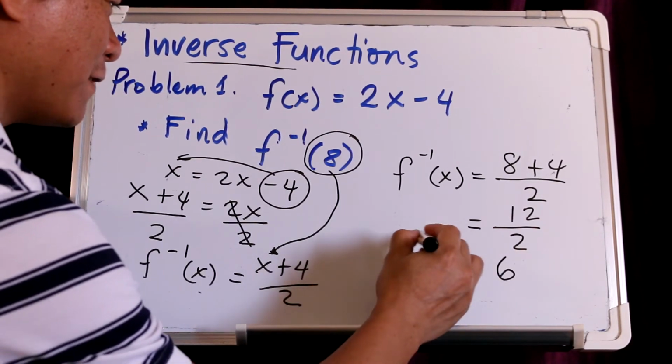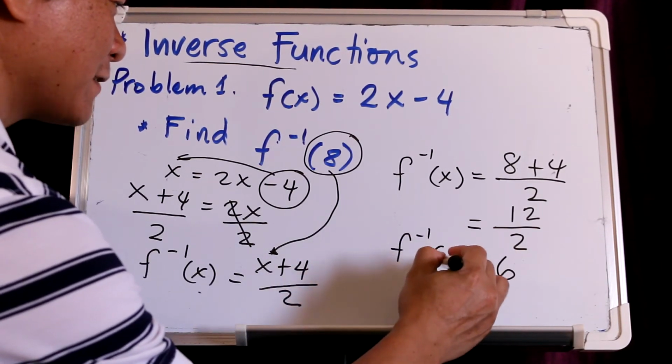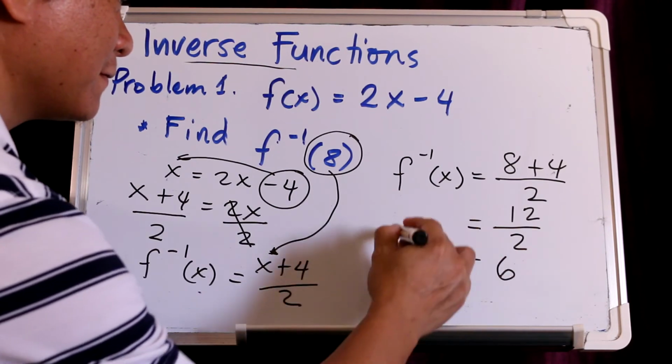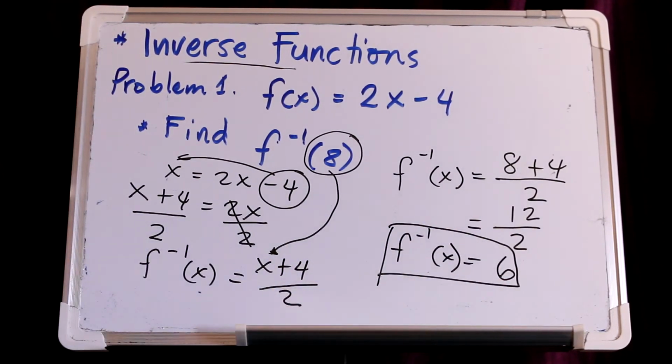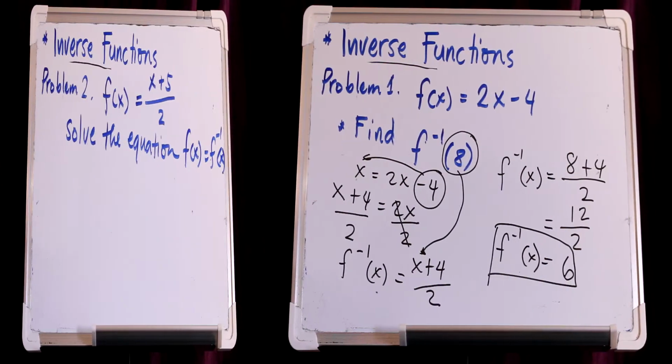So f negative 1 of 8 is equal to 6. Easy, right?